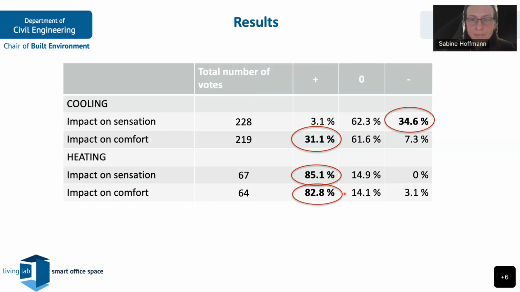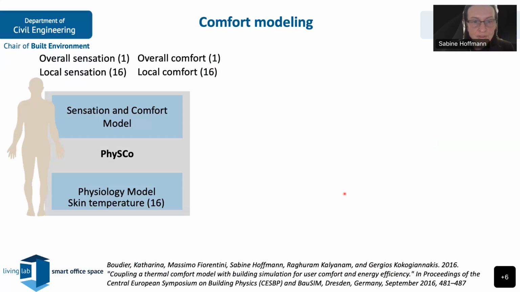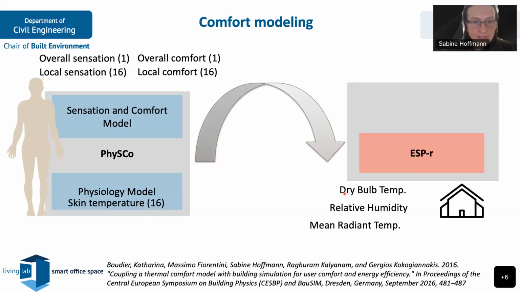And now I want to briefly go through a recent approach that we did for investigating the effect of the chairs. And this is a modeling approach for which we used a thermophysiology model together with Hui's sensation and comfort model. So this physiology model had the body divided into 16 body parts, and we coupled this thermophysiology, sensation and comfort model with a building simulation software, ESP-r.